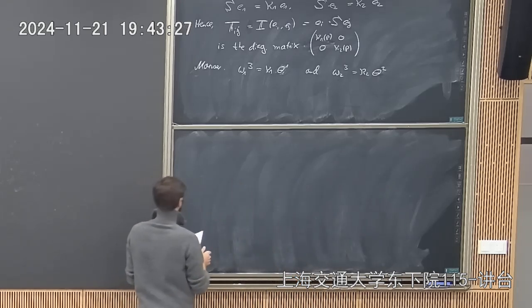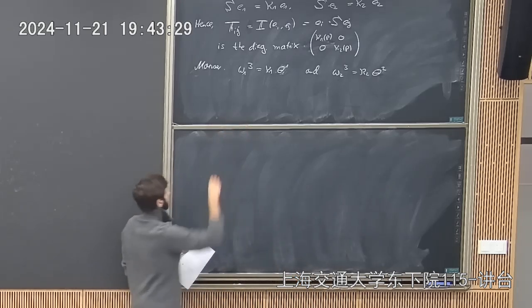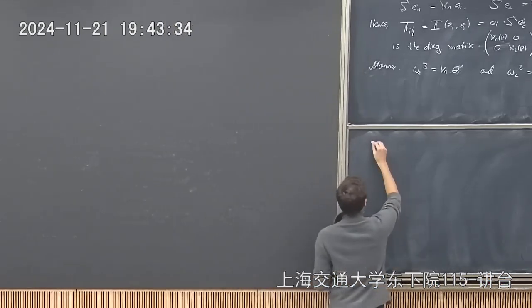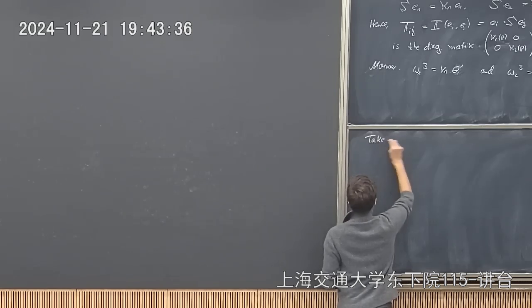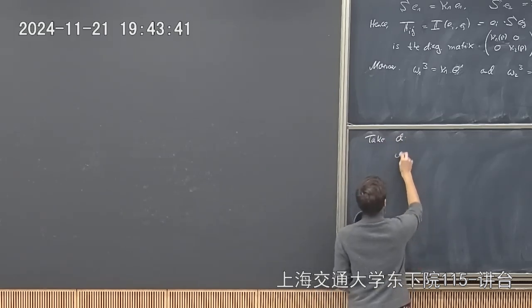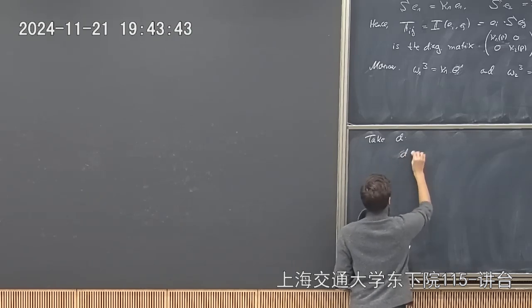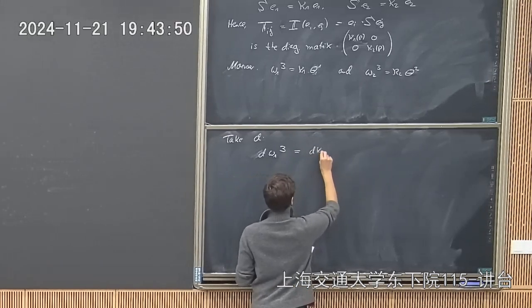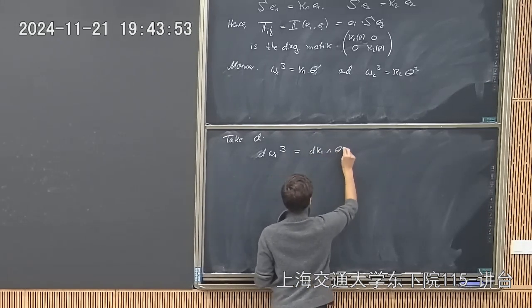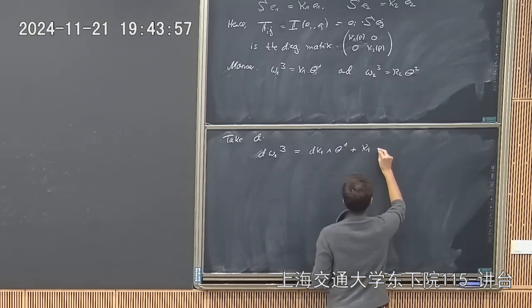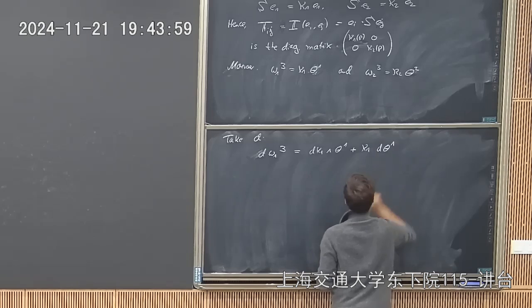Okay, so let's take d of that and see what comes out of these expressions. So take d, the exterior differential. So what we end up with is that d omega 13 equals d kappa 1 wedge theta 1 plus kappa 1 d theta 1.